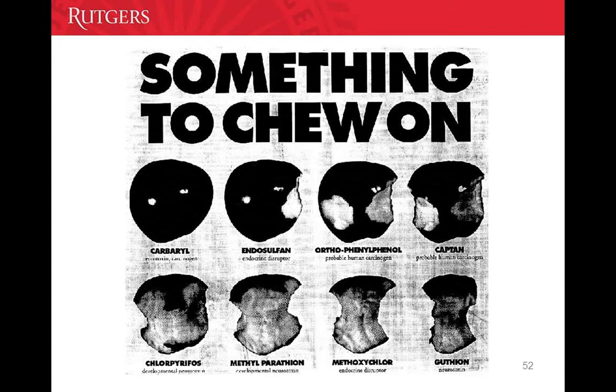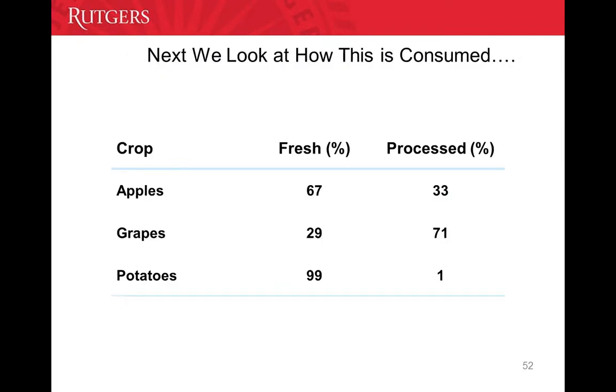This was a few years back, but you can see glutathione being very, very toxic, methyl parathion, methoxychlor, chlorpyrifos. The more dangerous the chemical, the more you're exposed to. As you can see, the bottom ones are the bad guys. There are lots of ways to demonstrate this. I think it's actually a fairly effective advertisement.